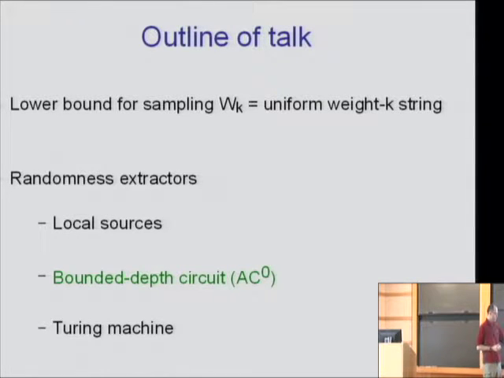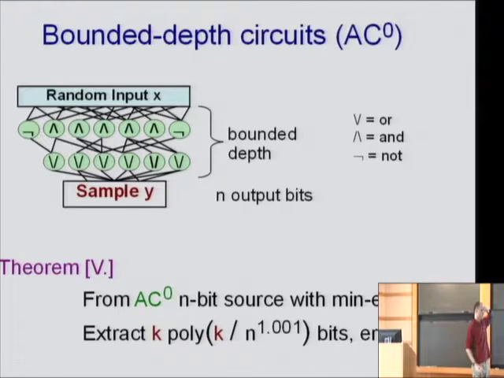Okay, so for binary circuits, I'm going to use what I've already mentioned. The decision tree will actually improve the parameters of this thing. That's one reason for doing it. Okay, so this is a constant depth circuit. You've all seen it. We can also extract from the circuit.